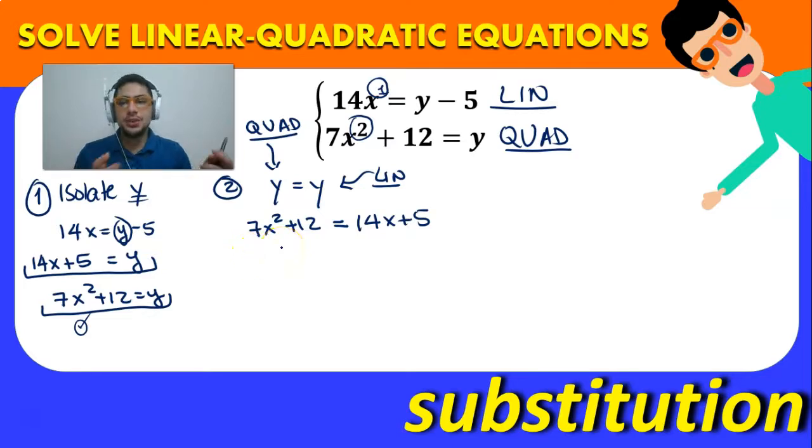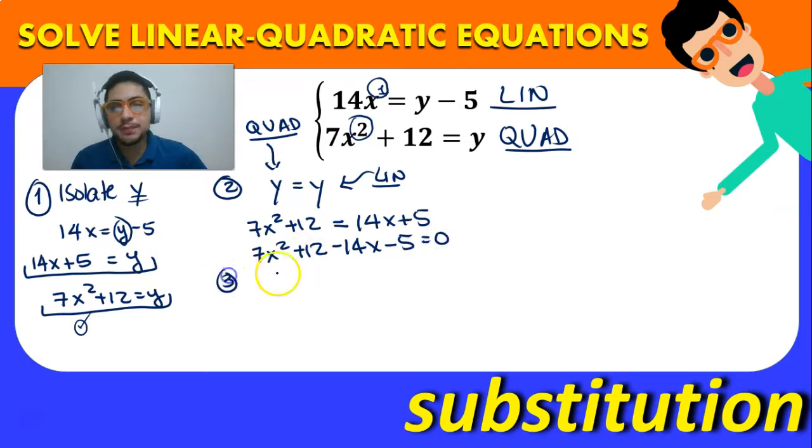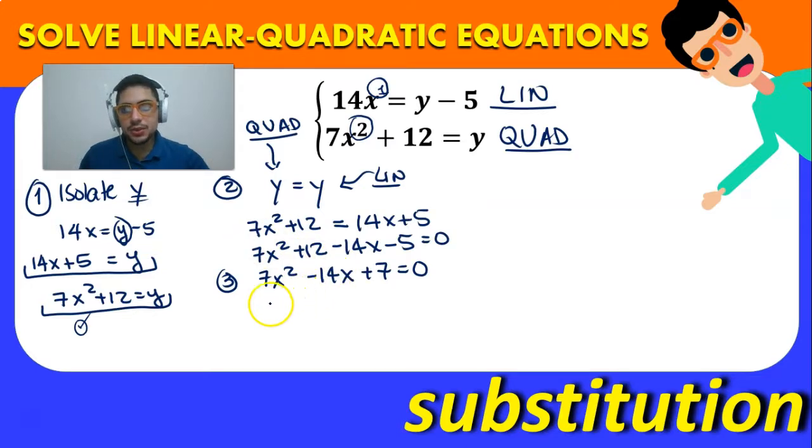Now what we can do is move whatever is on the right to the left to get a single equation. So 7x squared plus 12 minus 14x minus 5 is equal to 0. And now we can combine like terms, which is step 3. Now we get 7x squared minus 14x, and then plus 12 minus 5, which is plus 7, and that is going to be equal to 0. Now, guys, we can do a common factor here, which is going to be 7.